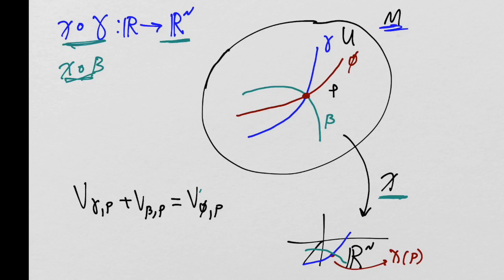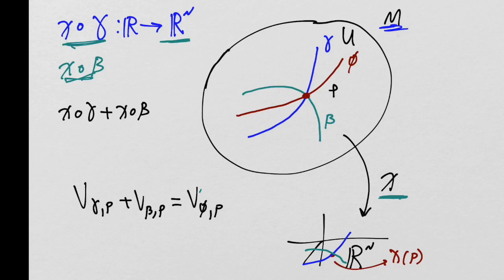Let's consider x after gamma plus x after beta. And what would this curve be? Well, consider its value at the point P. The value of this curve at the point P would be the n tuple derived at the point P from this plus the n tuple derived at the point P from that.